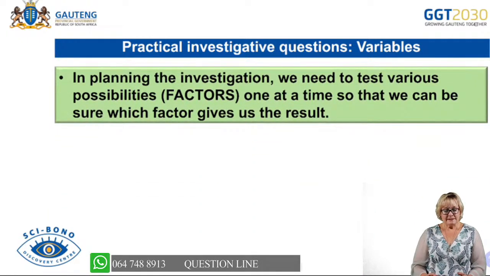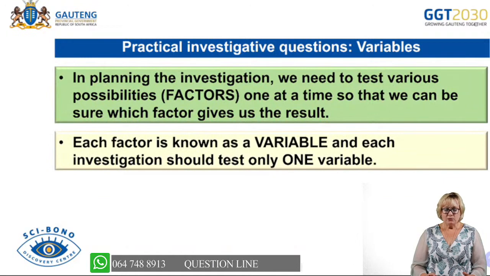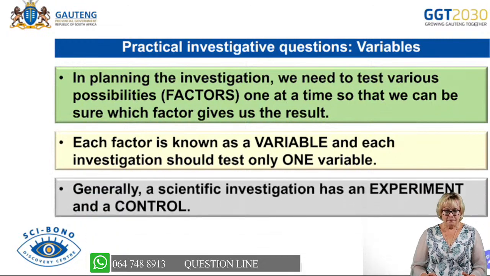In planning the investigation, we need to test various possibilities or factors, one at a time, so that we can be sure which factor gives us the result. Each factor is known as a variable, and each investigation should test only one variable.